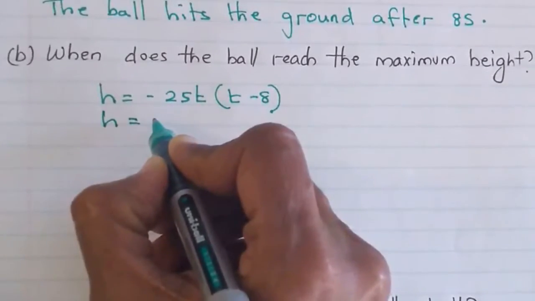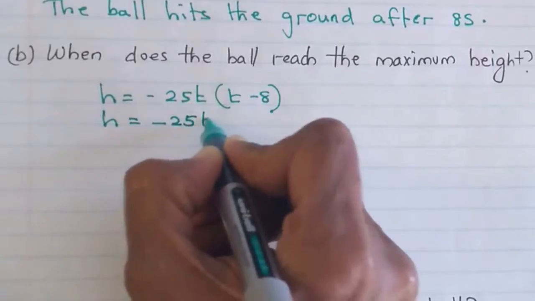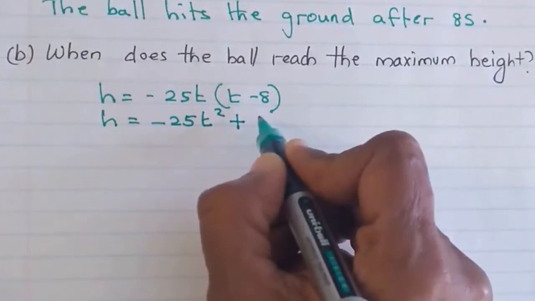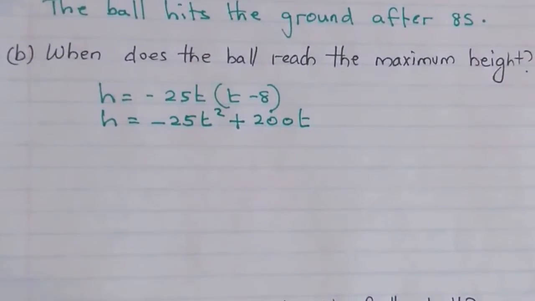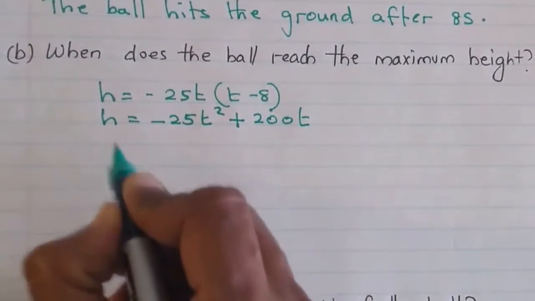So I'm going to expand the bracket. Negative 25t times t is negative 25t squared. And negative times negative gives positive, 8 times 25 is 200t. Now, if we have to do completing the square, we have to make sure that the coefficient of the quadratic term is 1.